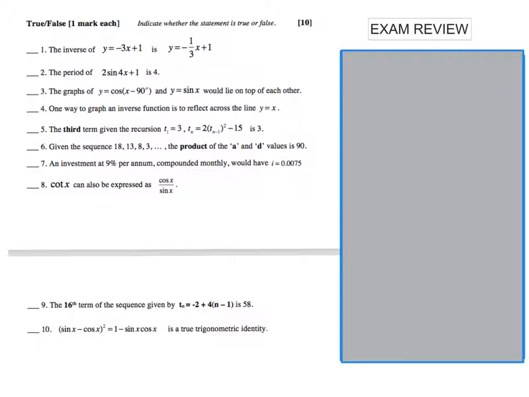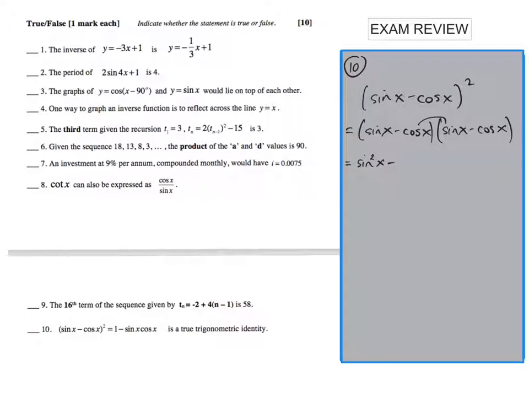And question 10, last one, we've got that prove the identity. The left-hand side says this, and of course all we're going to do is work with one side or the other, try and prove it's the other side. So we've got this. If we square this out, it's like a foil. So we get sin x minus cos x times sin x minus cos x. Two brackets becomes a foil, so sine times sine is sine squared.